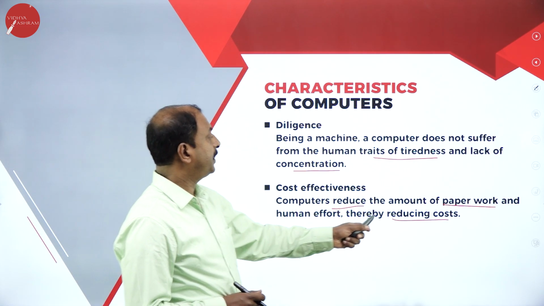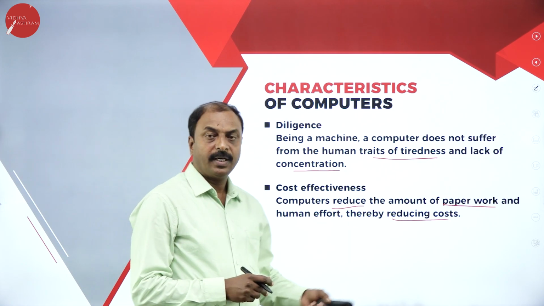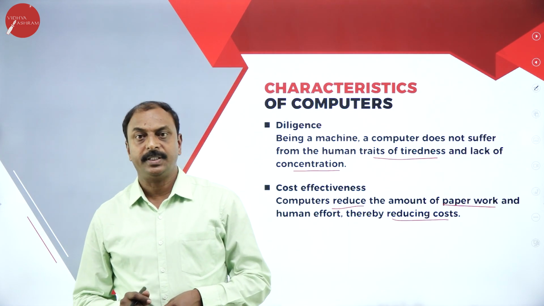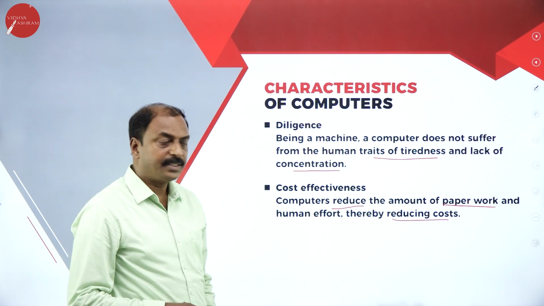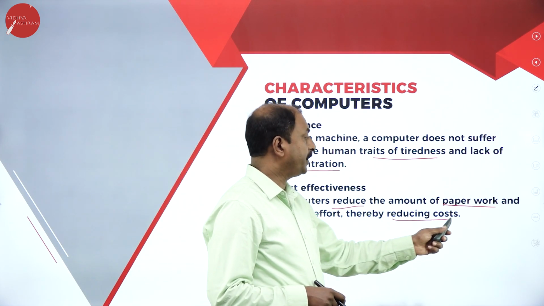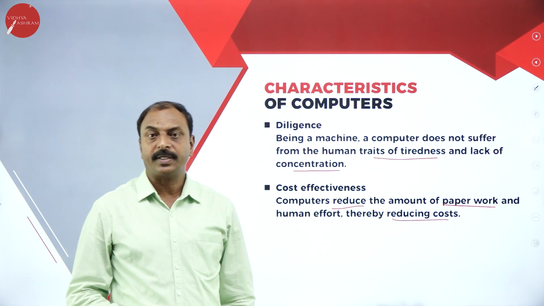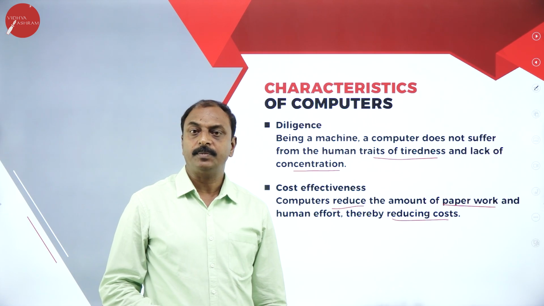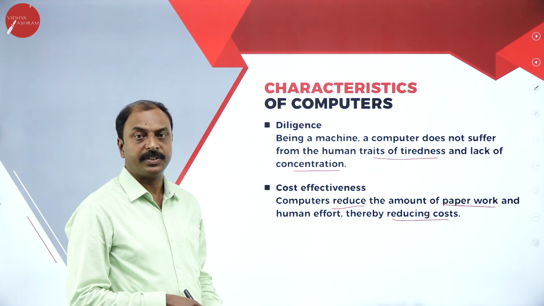So it reduces the amount of paperwork as well as human effort. As we are using computers nowadays, they work more effectively than human beings, thereby reducing cost. So cost effectiveness is also one of the characteristics of a computer system. So we are using computer systems because of all these characteristics.